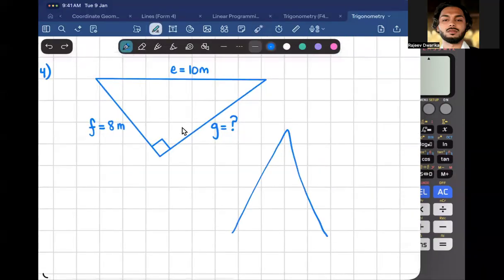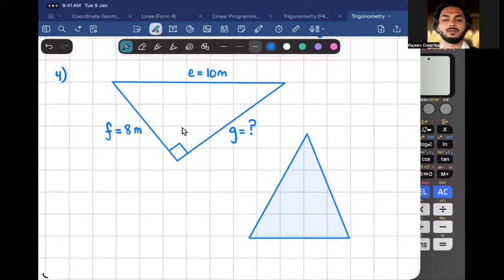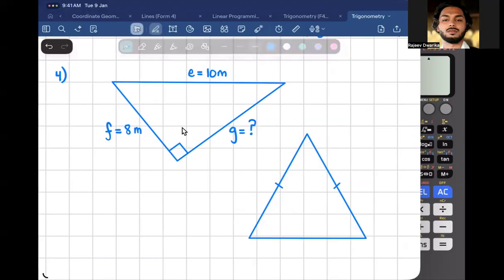This is the end game question. Joshua, if you don't get 6 as the answer, you're doing something wrong. So make sure you get 6 as the answer.